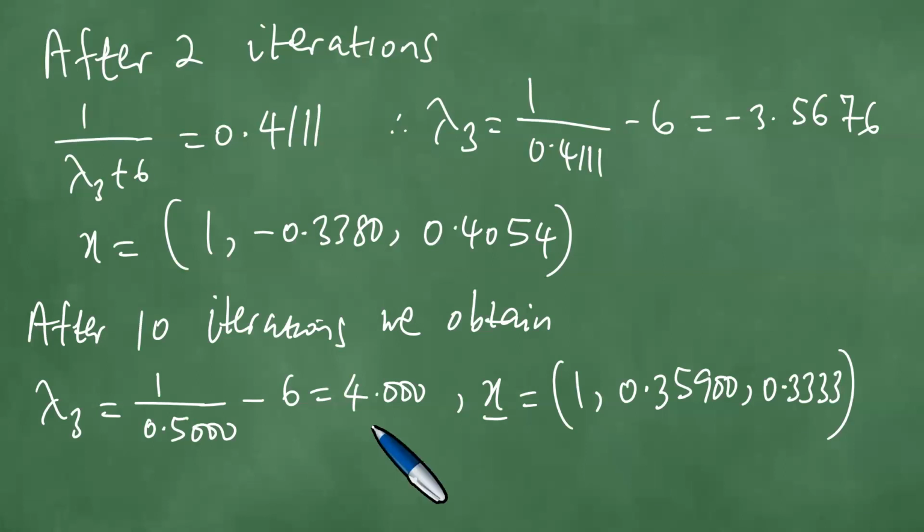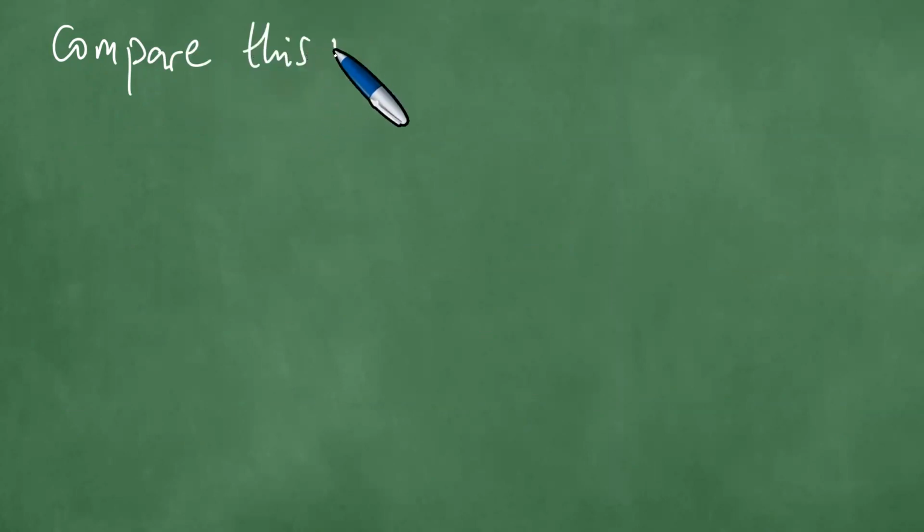Right, after 10 iterations, we get this, like we did the 2 iterations. And we proceed to compare this with the result.